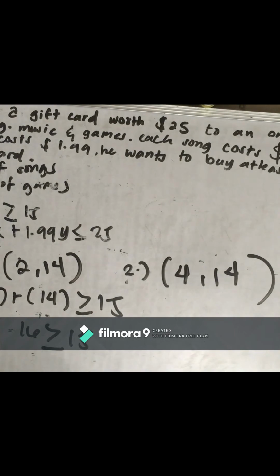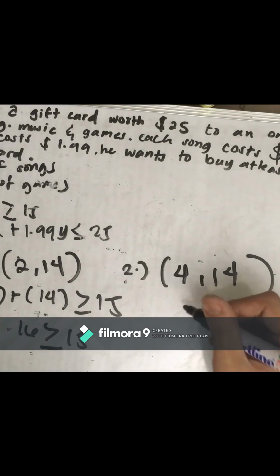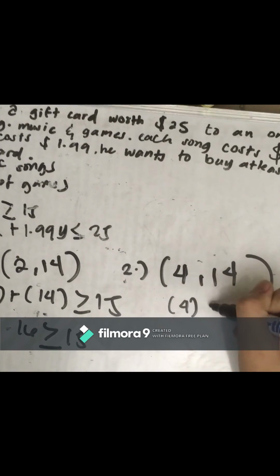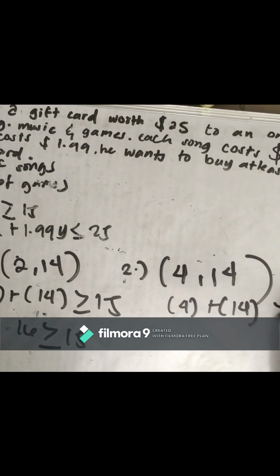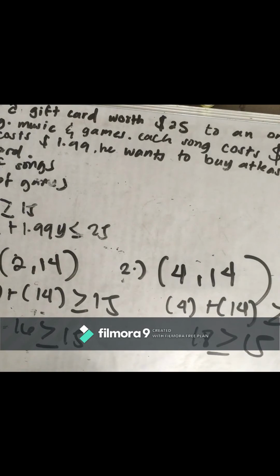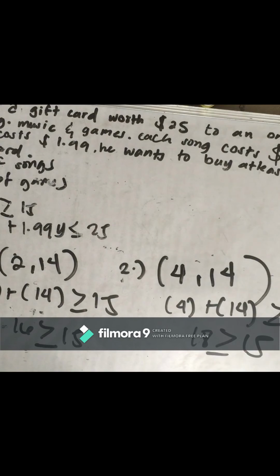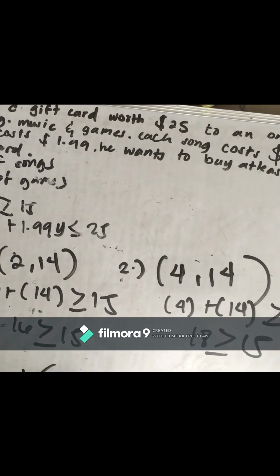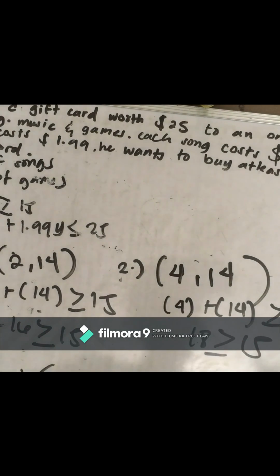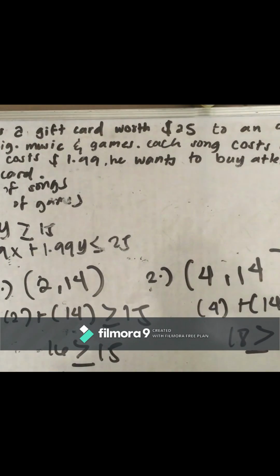So that means this is correct. Let's try the other one. 14 plus 4 equals 18. And 18 is greater than or equal to 15 is true. So both are true. This means that our answer is correct. This is the answer to our problem. And that's how you solve linear inequalities.